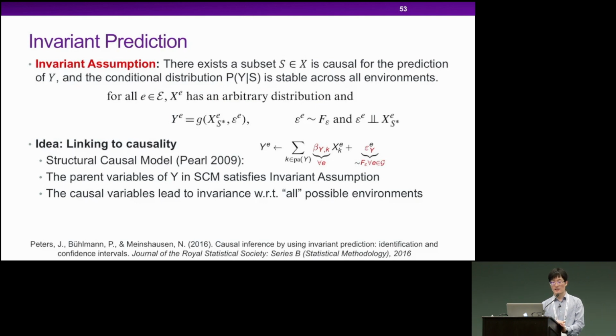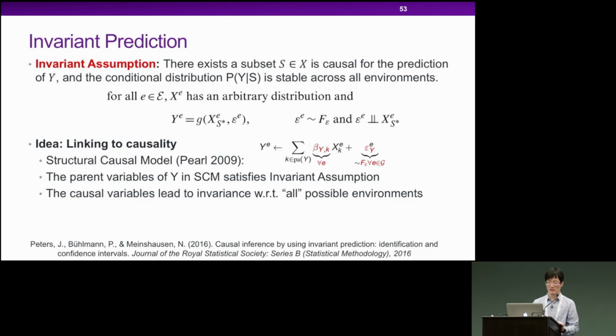The logic is that among the input variables, there are many variables, but only a part of them are causal variables for the outcome. If we assume the causal structures are stable, or generalizable to different domains, environments and distributions, then of course using this kind of causal variable to make predictions can result in stable prediction, right?